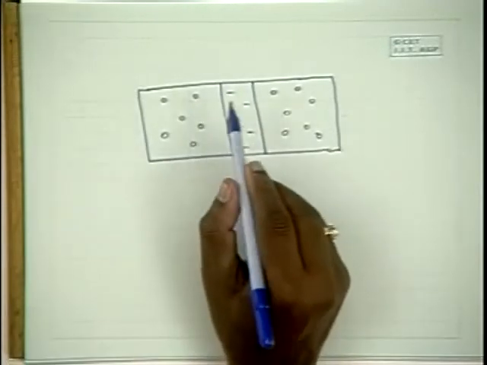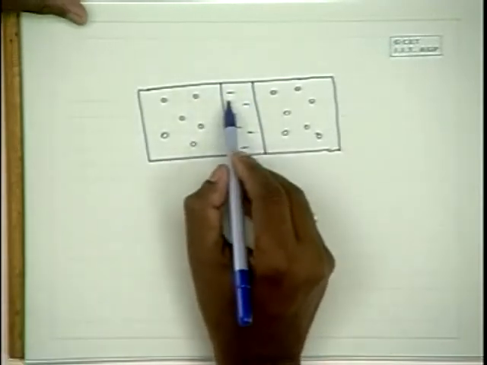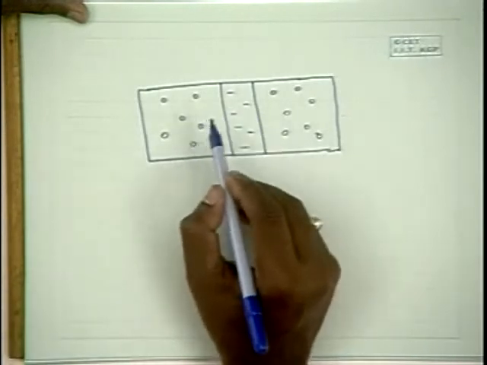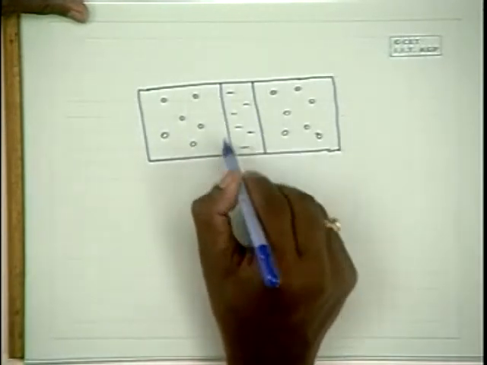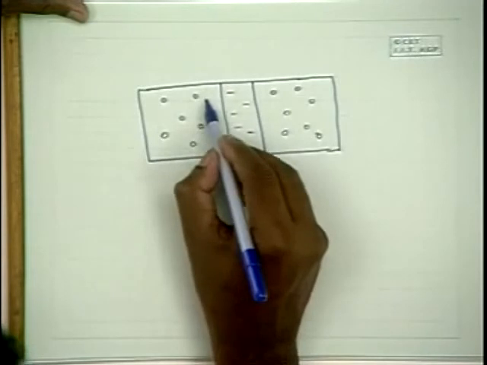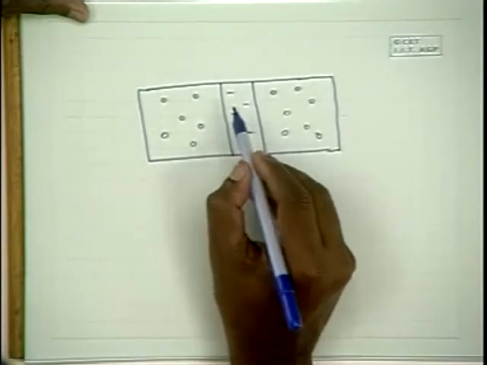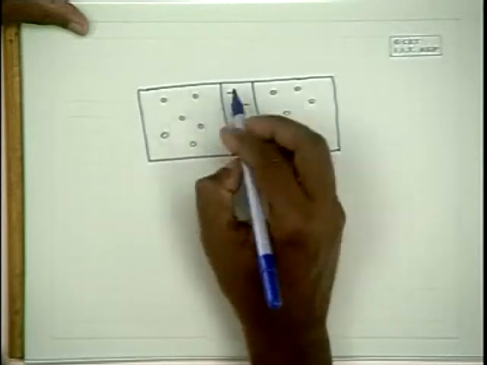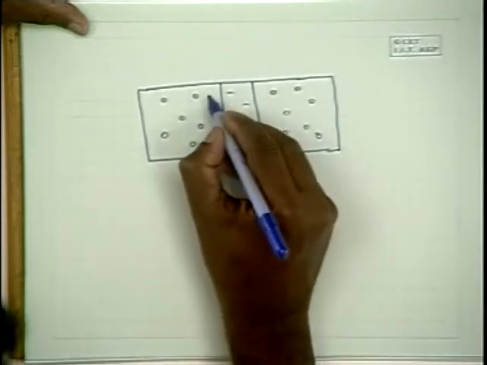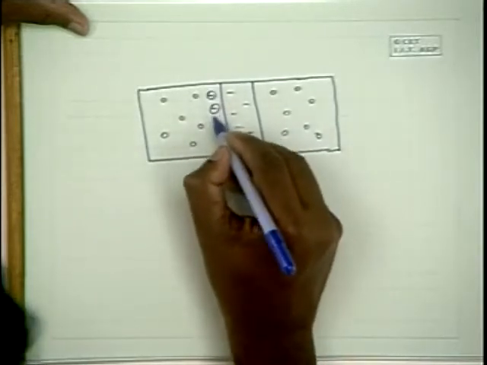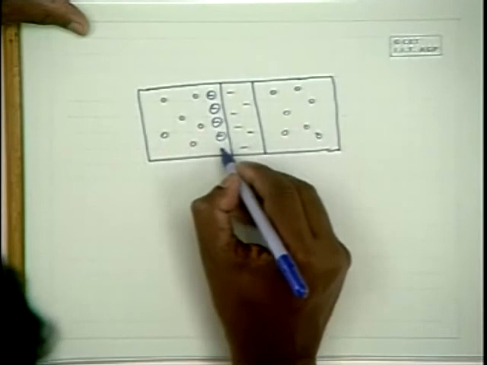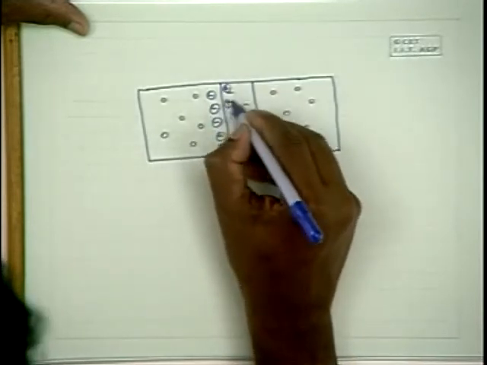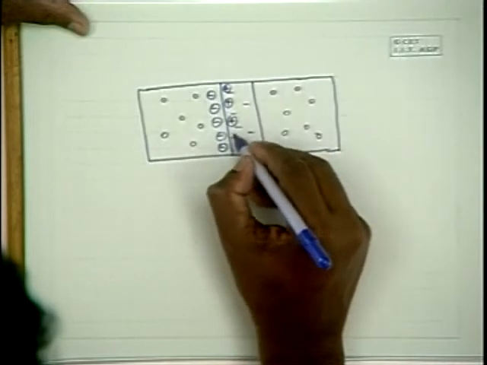And similar to the p-n junction, a p-n junction is formed the moment these two materials are brought closer with clean surface. The holes diffuse into the base side, and the electrons from the base side diffuse into the emitter side, as a result of which you have negative space charge accumulating here, and positive space charge accumulating here.